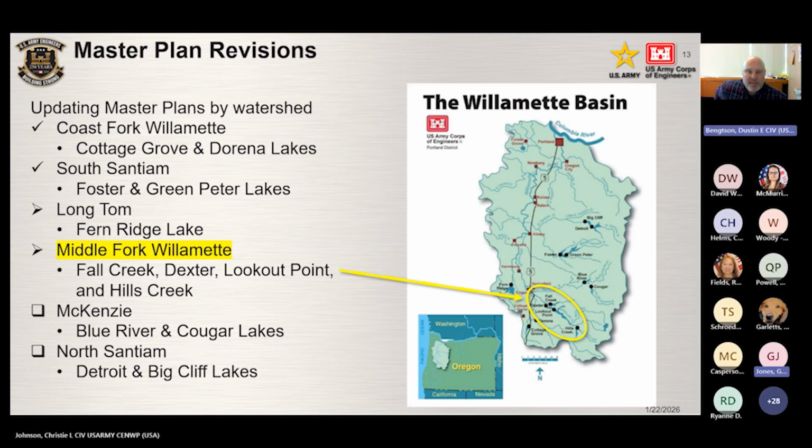So as we look at master plan revisions, back originally when the dams were constructed, many of these master planning requirements were developed later. But at that time, there was an individual master plan tied to each individual project. And so as we looked comprehensively at how we will go through these revisions, for the most part, we make decisions and people use or benefit from how we make those decisions in watersheds or in some of these groupings that we've established on the screen.